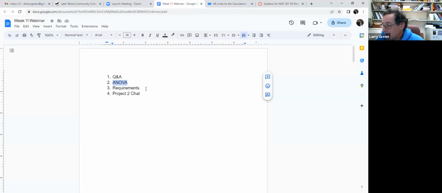Or maybe they're not all the same. That's kind of what ANOVA is going to do. And this is for quantitative data. So this is something we have not yet done in our class: looking to see if a group of means, more than just 2 means, are all the same or not. That is pretty much the topic.